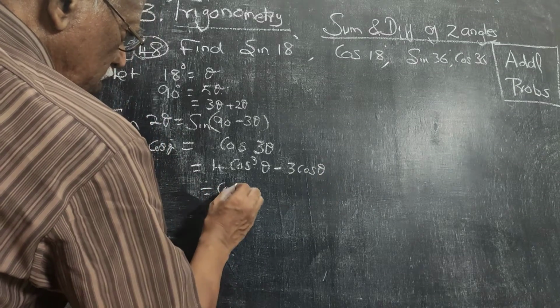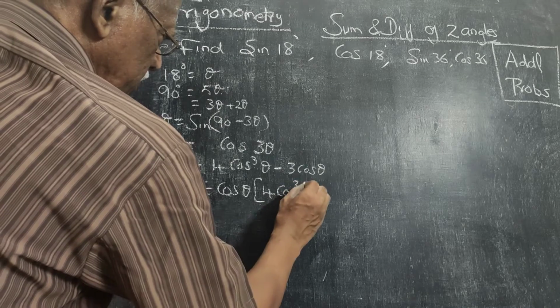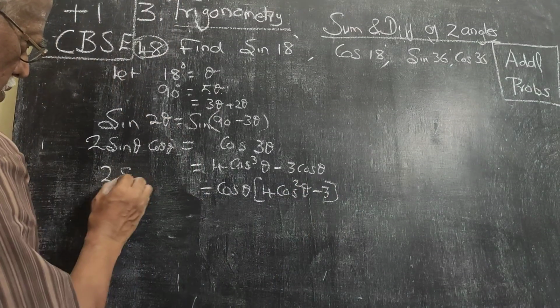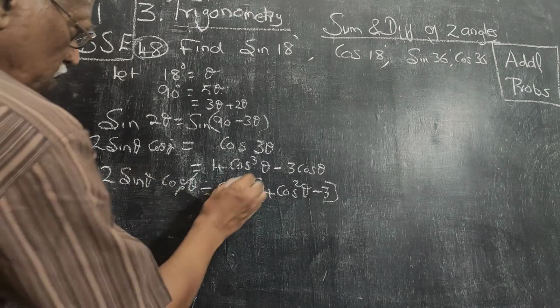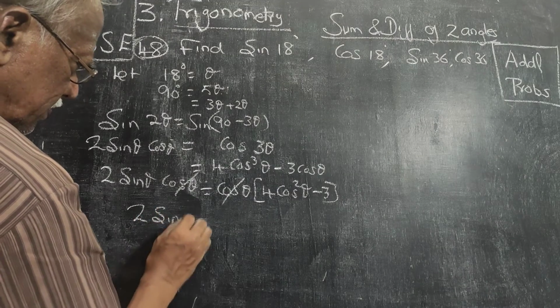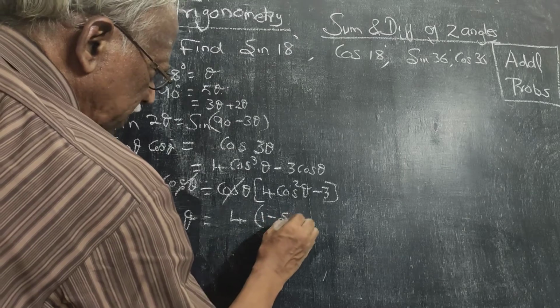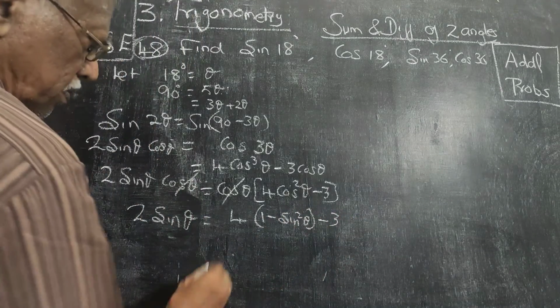Taking cos theta outside, 4 cos square theta minus 3. And this side you have 2 times sin theta cos theta. You can cancel it, so you have 2 sin theta. Instead of cos square theta you write 1 minus sin square theta, and then minus 3.